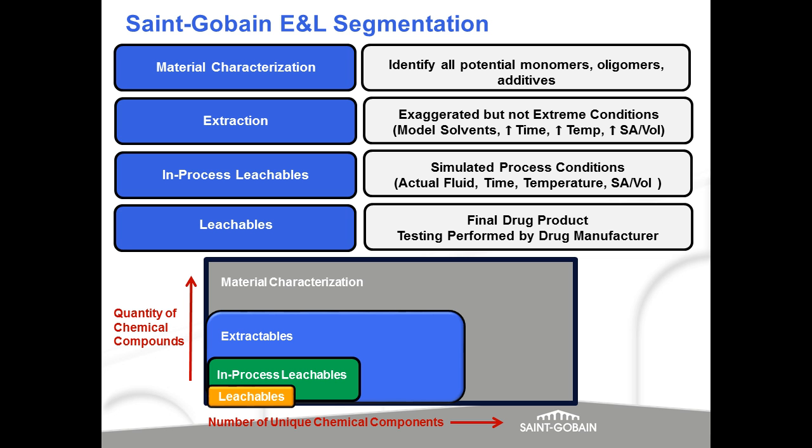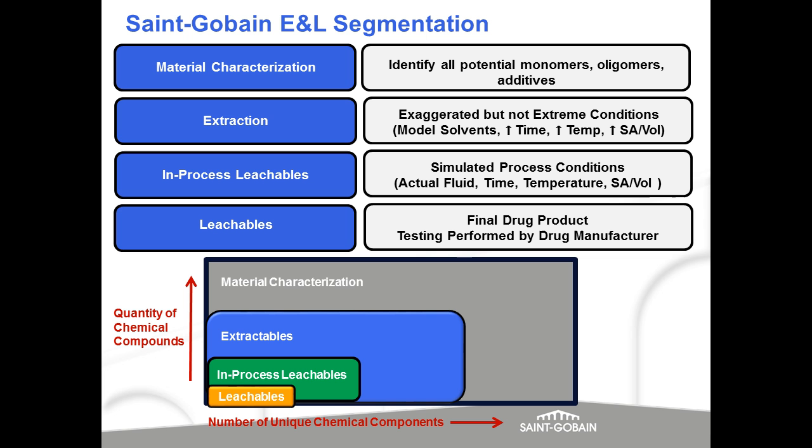So there are many different definitions for extractables and leachables. At Saint-Gobain, we characterize them into 4 categories. We have material characterization, and that's really the first step in the process of looking at a new single-use product.